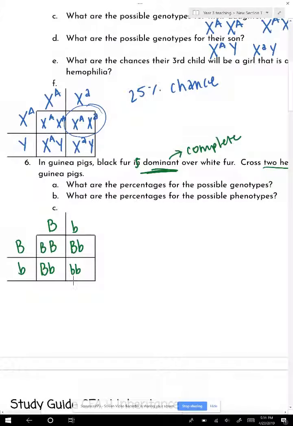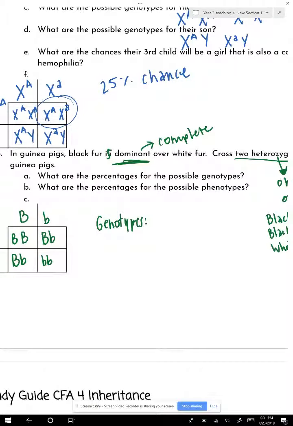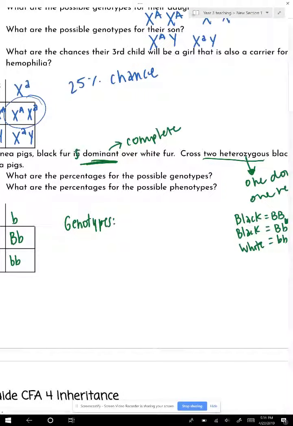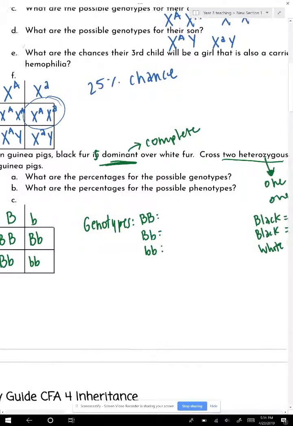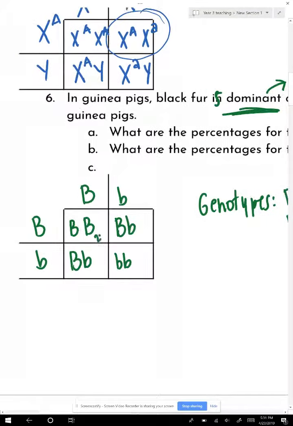So it says, what are the percentages and possible genotypes and phenotypes, right? So starting with genotypes. Genotypes, as we reviewed last video, are the actual genes or the letters, right? So I can have capital B capital B, capital B little b, and little b little b, and then I'm going to write percentages for each. In order to get my percentage, I have to remember that in my Punnett square, each of these is worth 25%.